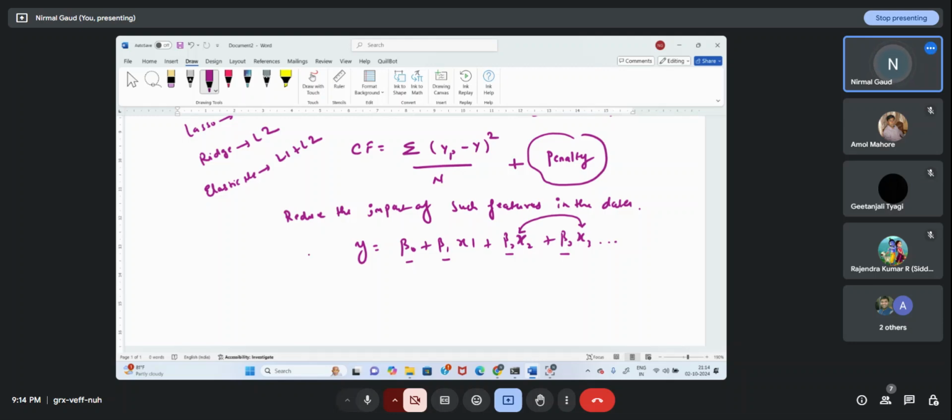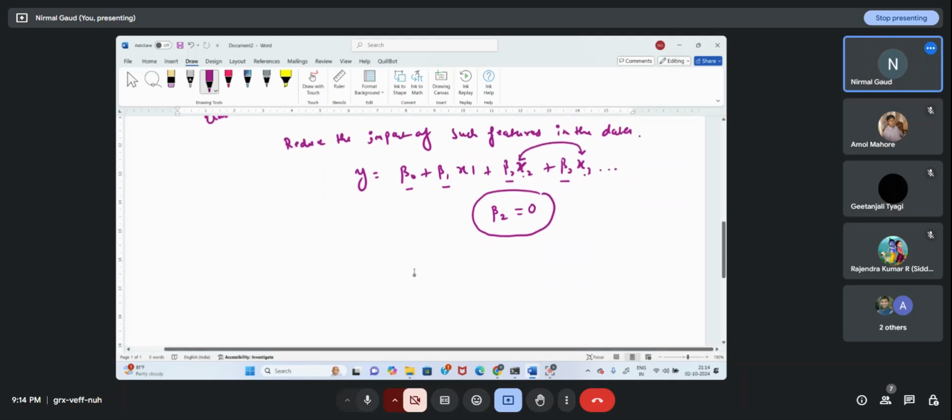For example, since x2 and x3 are correlated, if I make the value of beta 2 zero, then 0 multiplied by x2 will be 0, and x2 will be dropped, x3 will survive.